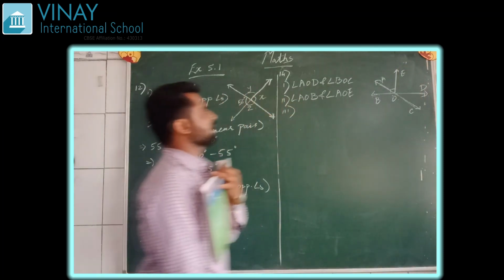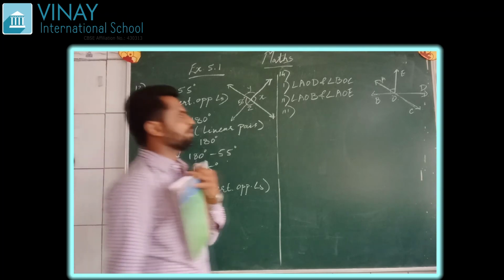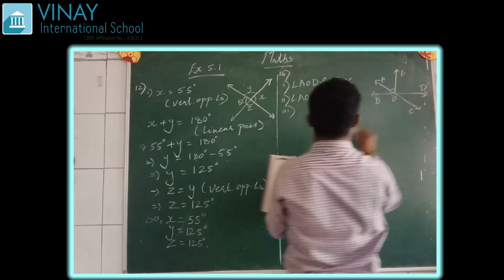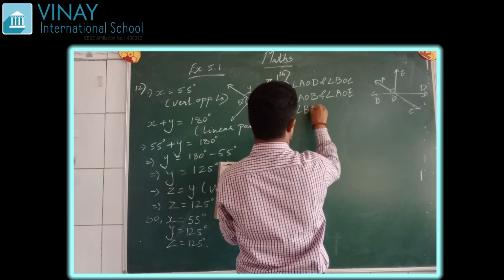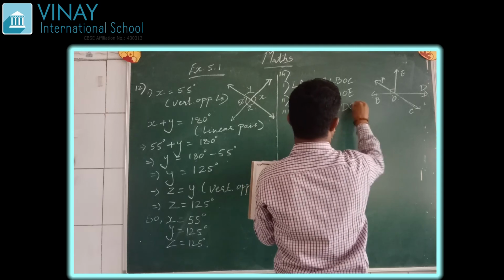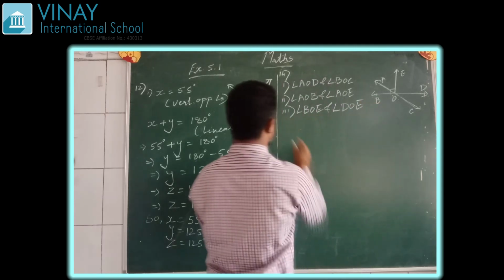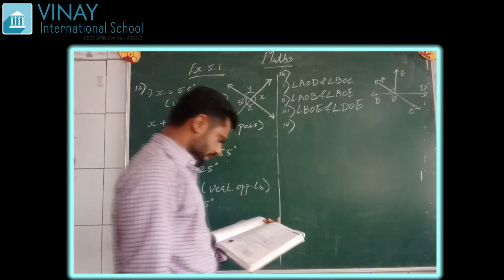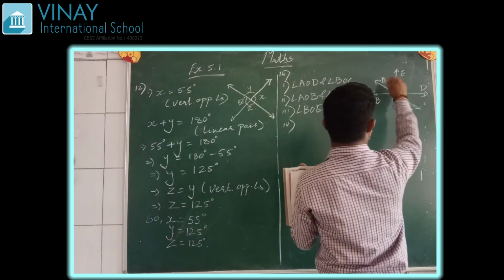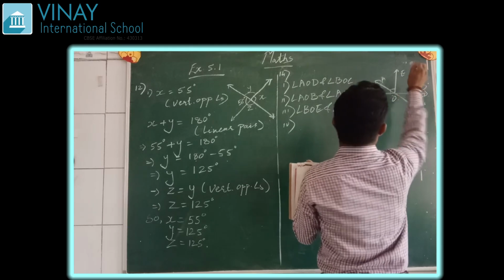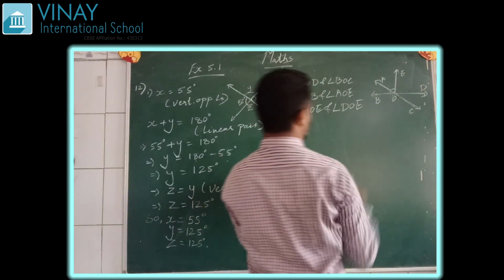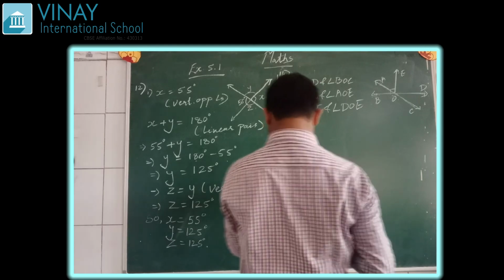These both are supplementary also, and these both are equal also. So you can write angle BOE and angle DOE. Question number 4 is unequal supplementary angle. That you can write here angle AOE and angle EOC.